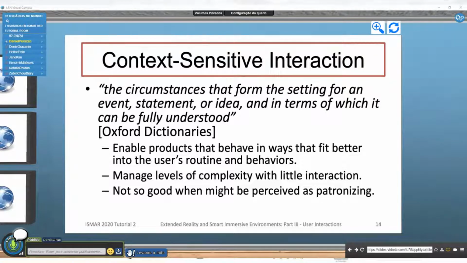That's something that can be perceived as patronizing or limiting user control. So between those two extremes, we need to find a sweet spot where, on one hand, the user is in control and has the ability to change or interact with the environment as need be, but at the same time is not overwhelmed by the level of detail that is needed to achieve that.